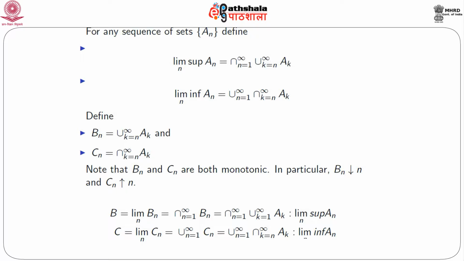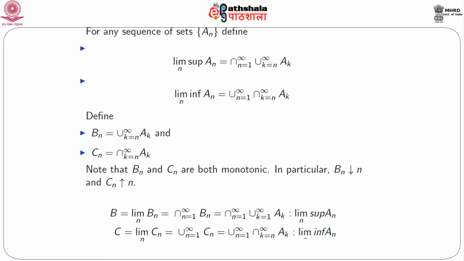Whereas, if I define C_n as the intersection part that is found in the lim inf definition, then it can be seen that if I increase n, I am taking a lesser number of intersections. Once I am taking a lesser number of intersections, I am getting bigger sets. That means C_n is increasing.